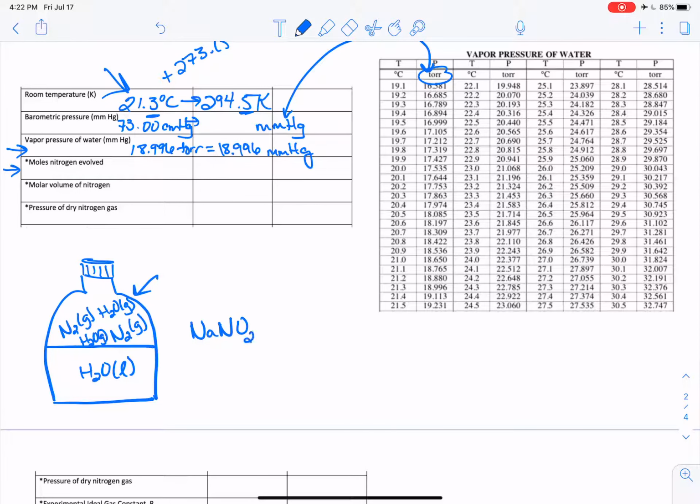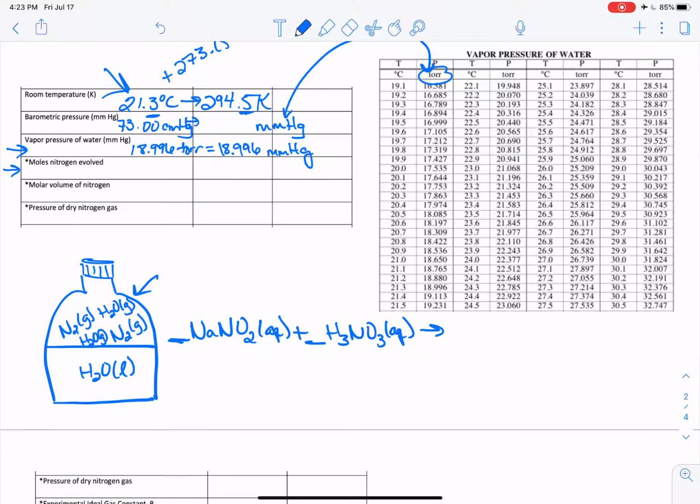So we have sodium nitrite, which is the O2 version, and nitrate is NO3. And we dissolve that in water, so we've got aq there. And to that, we are going to add sulfonic acid, which is H3NO3, also dissolved in water. And I'll put the little space there for our coefficients.